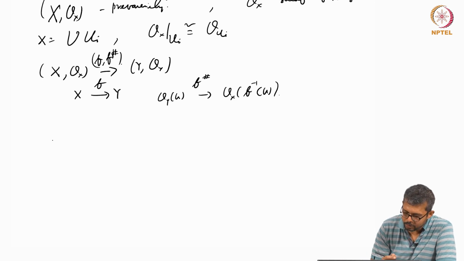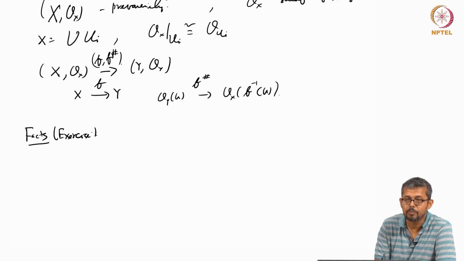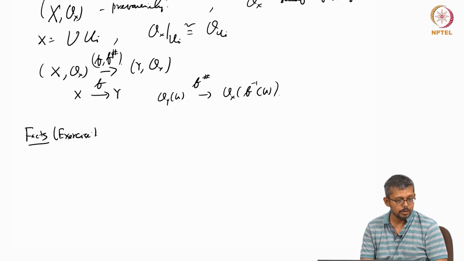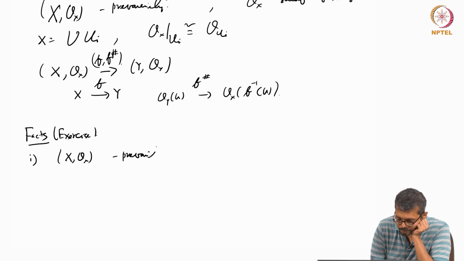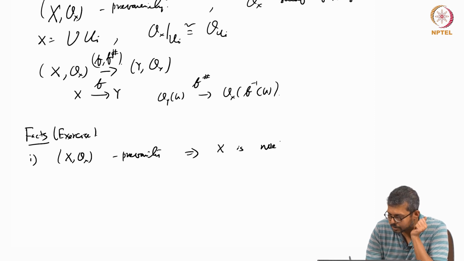Okay. So, before doing that, let me put some facts, or I leave it as an exercise for you, for your assignment problem. So if (X, OX) is a pre-variety, then X is Noetherian as a topological space.